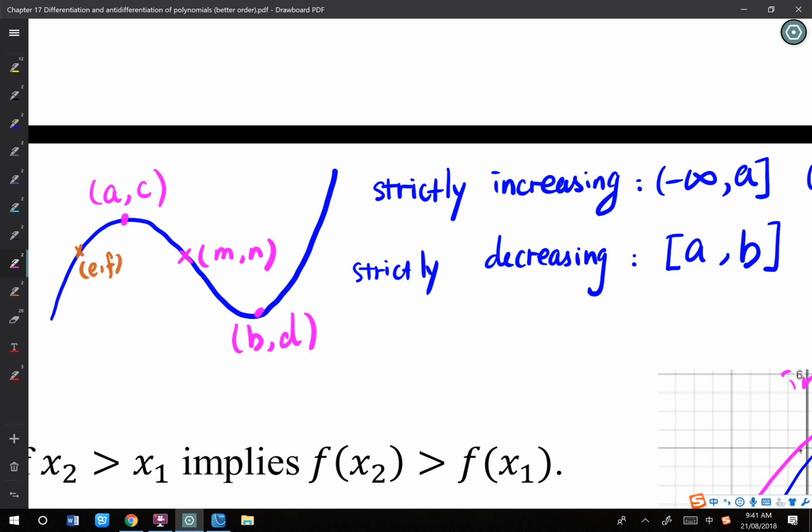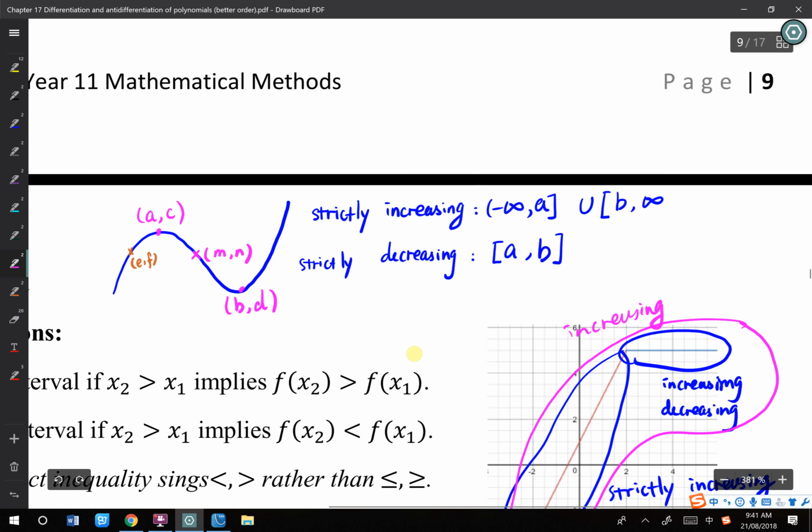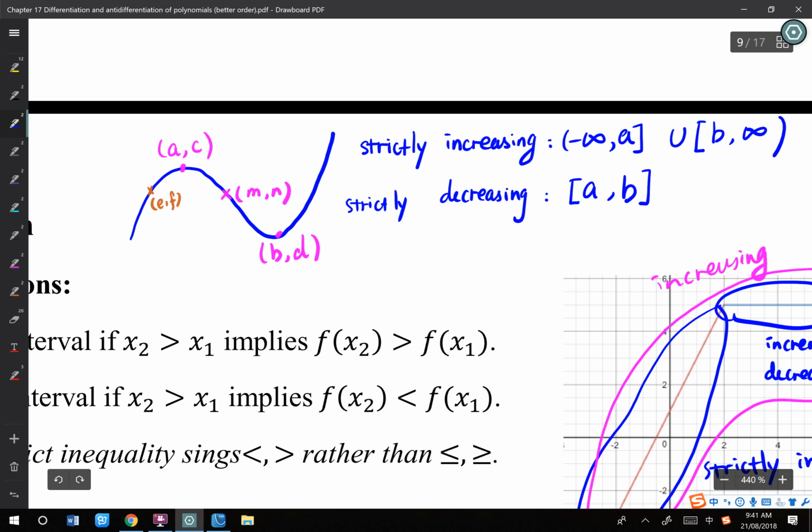I hear so many students explain to each other about this, and that's wrong. So what I'm teaching here is definitely correct, and that's the way you need to remember. And turning point needs to be included in both increasing and decreasing function. Okay? That's how we mark the SAC as well. That's how VCE marks it as well. Okay? Just remember that. Really important because every year we have students doing something weird and it's not what I explained. So important, very important here.